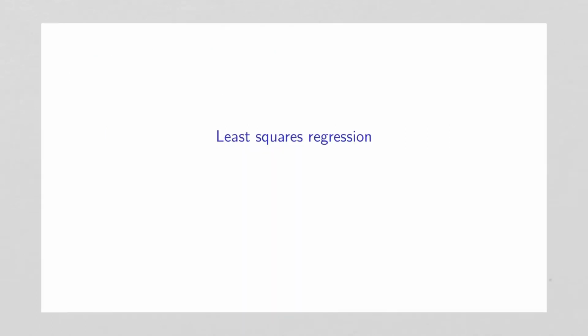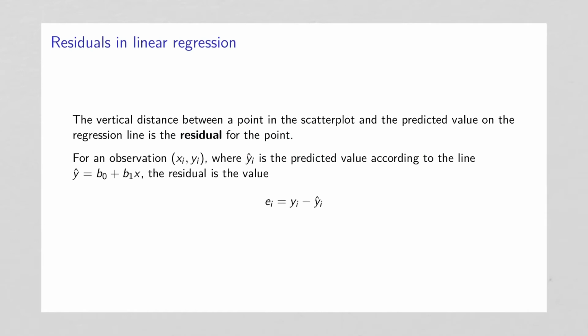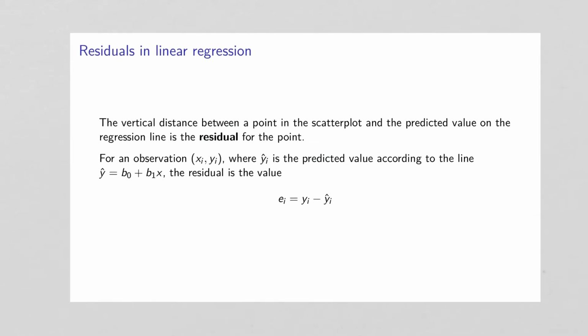Least squares regression. So when we're doing linear regression, if I give you a value of x here, and we know that the linear association goes kind of like this, but we have all these points along the way, we know that this is a line, and the residual is the distance between a point on the scatter plot and the predicted value on the regression line.